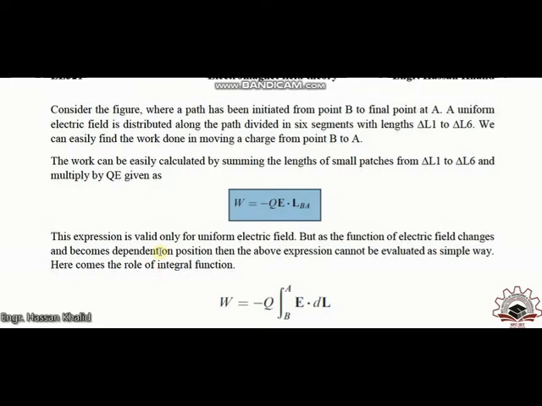The difference has come due to the fact that the electric field is changing with respect to each path. It's not uniform, so you cannot apply the summation of all the lengths and take the uniform electric field intensity as a common factor to evaluate the total work.